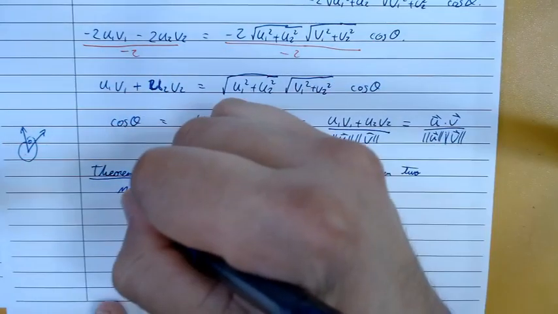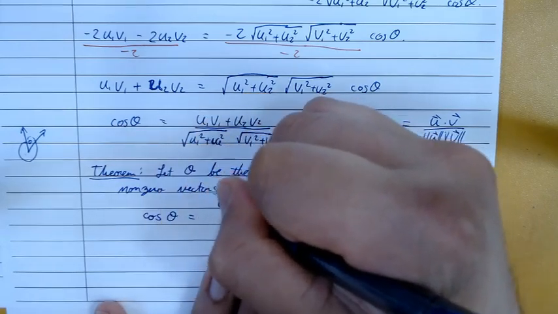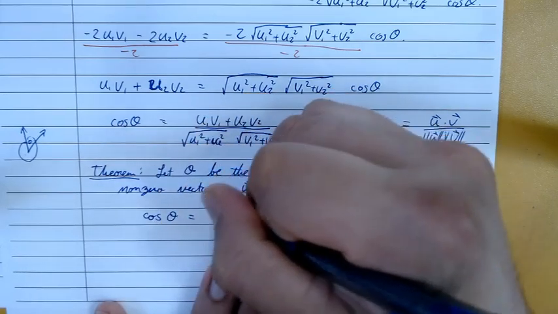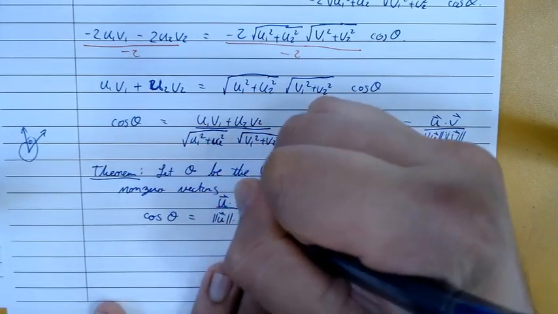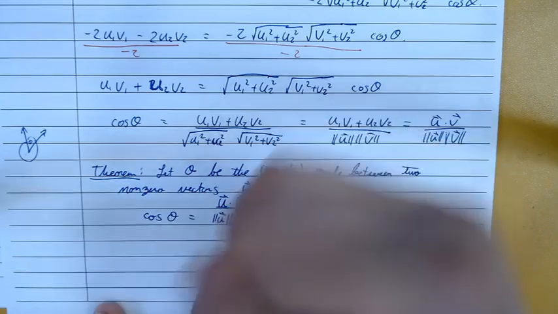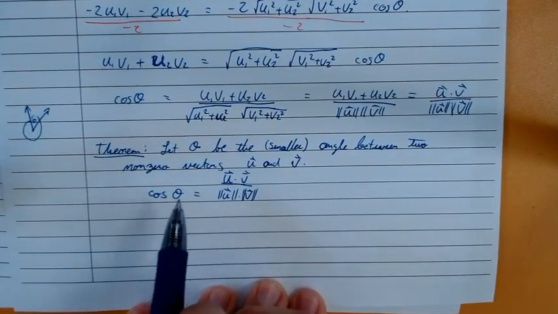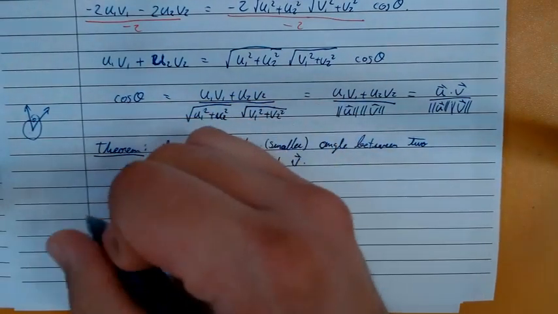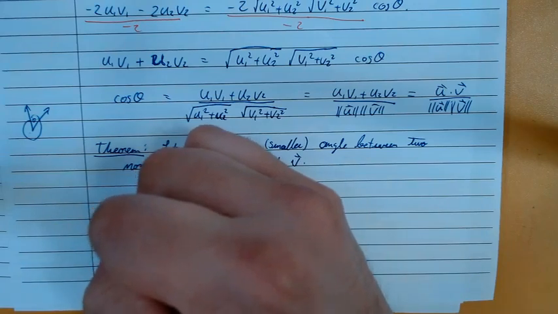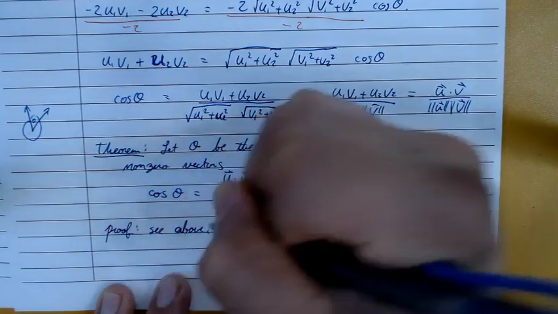Then the cosine of that angle theta must equal the dot product of the two vectors divided by the product of the magnitudes of the two vectors. This allows us to compute the angle theta. And here, proof: see above. That's the proof.